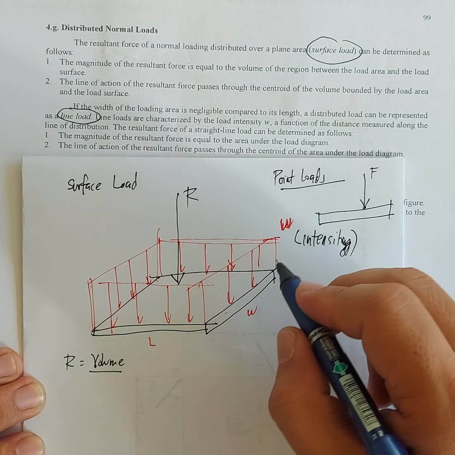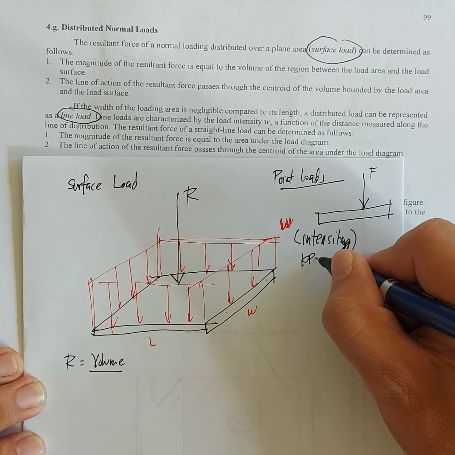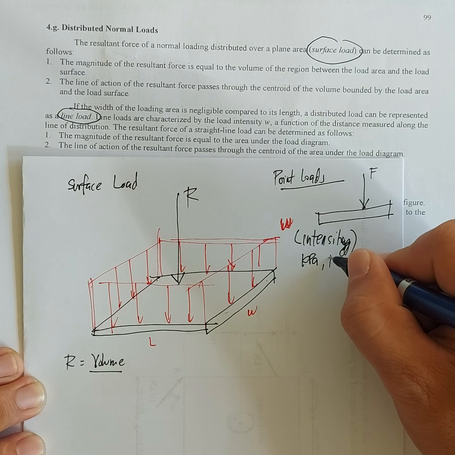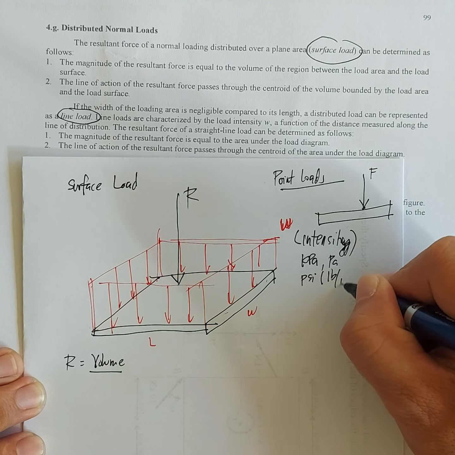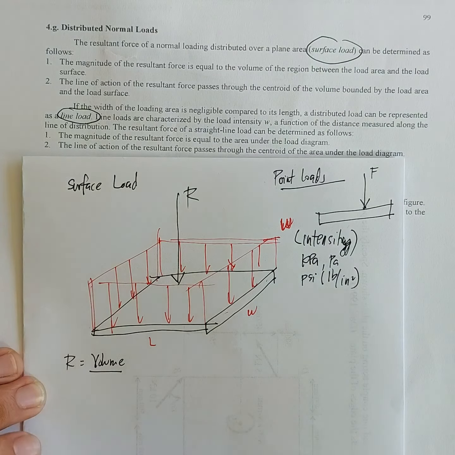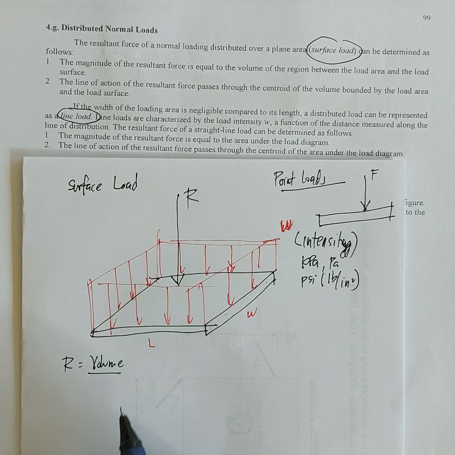of the loading natin. So, kapag surface load, usually nasa pressure yan or stress: kilopascals, pascals, PSI or pounds per square inch, and other units for pressure or stress. So, the resultant is just the volume. No?